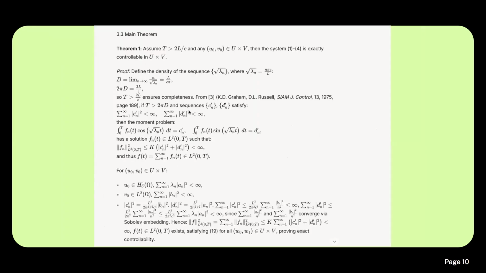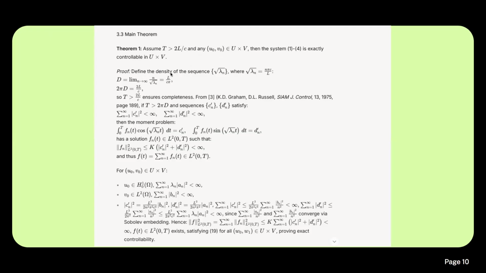This part is a moment problem, a famous moment problem, okay? Then with this moment problem, we have our main theorem. Our main theorem is: assume T larger than 2L/c, and any U0, V0 belonging to U times V. Then the system 1 to 4 is exactly controllable in U times V. That means we can find the F(t), which makes U(0,T), UT(0,T) equal 0.